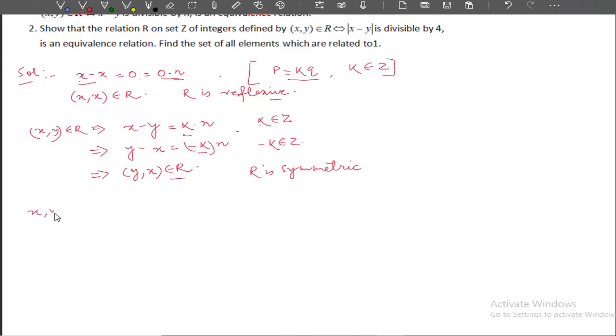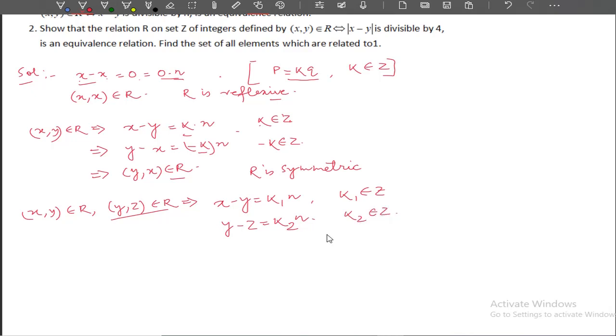Now once again, (x,y) belongs to R and (y,z) belongs to R. x minus y equals k1 n, where k1 belongs to the set Z. (y,z) belongs to R, y minus z is equal to k2 into n, where k2 belongs to the set Z. Now if you add both, y and y will be cancelled out.